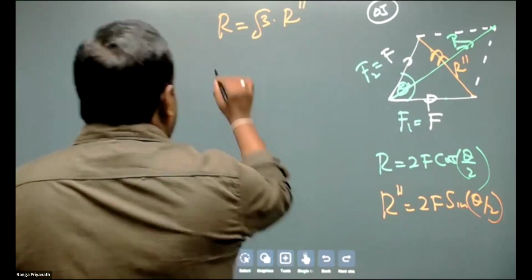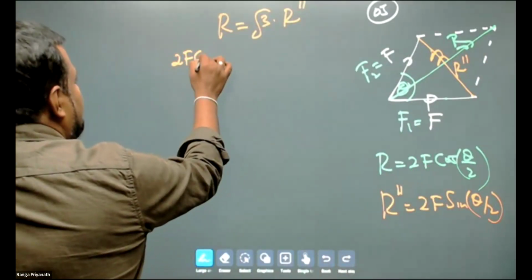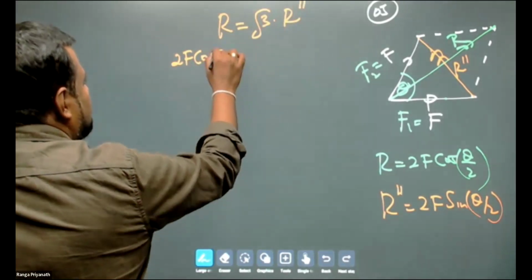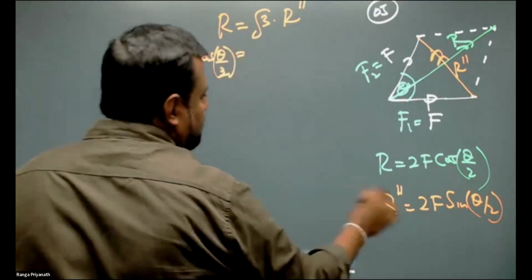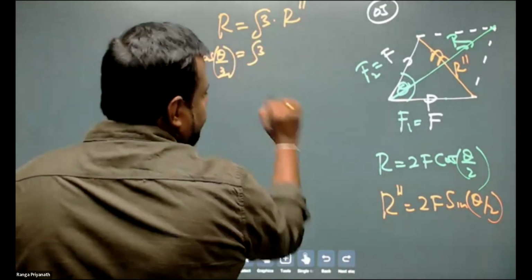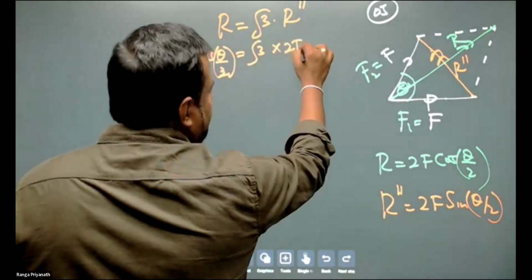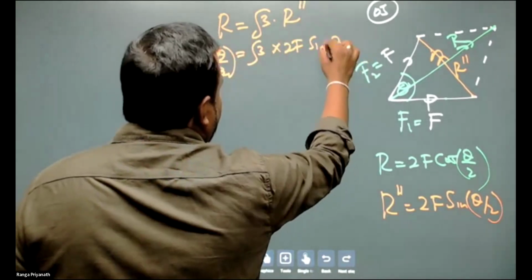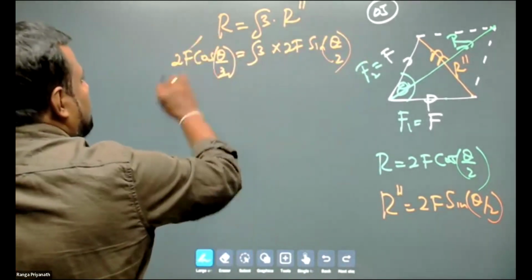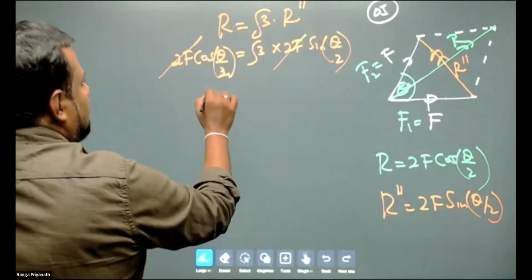So 2f cos theta divided by 2 equals root 3 times the difference, 2f sine theta divided by 2. 2f cancels.